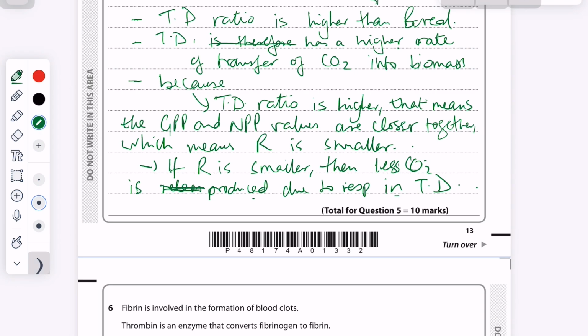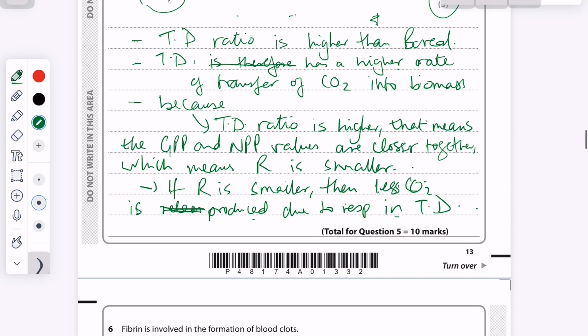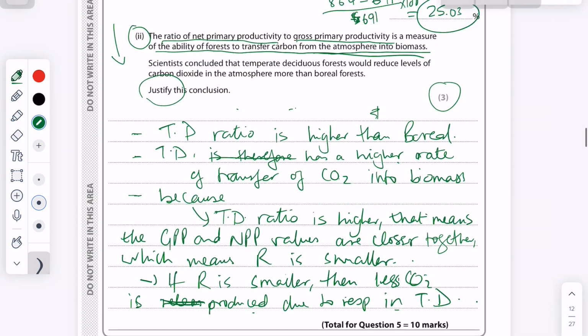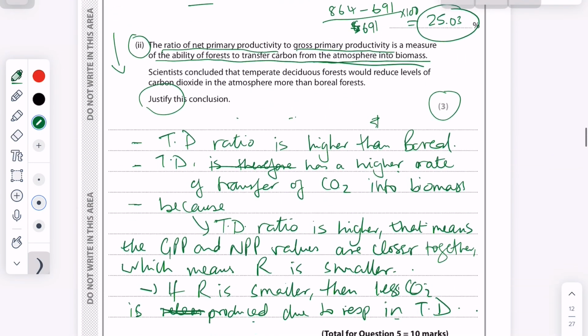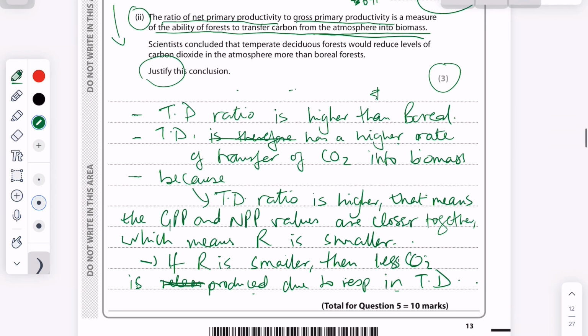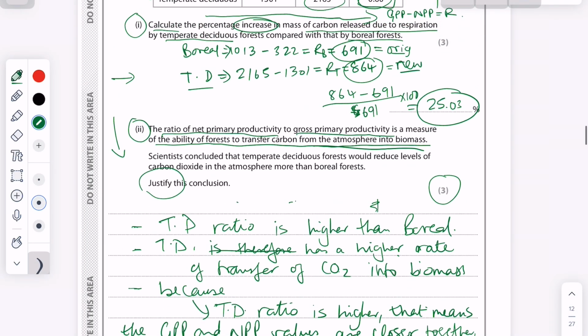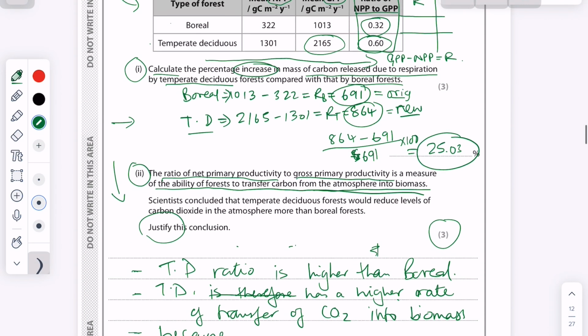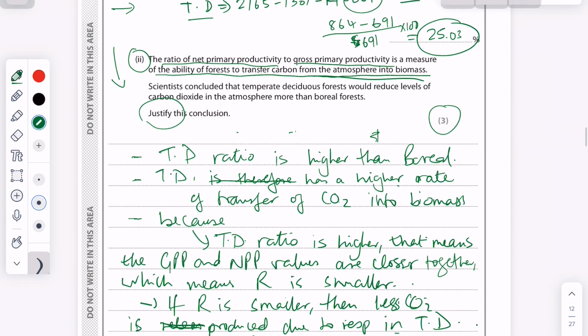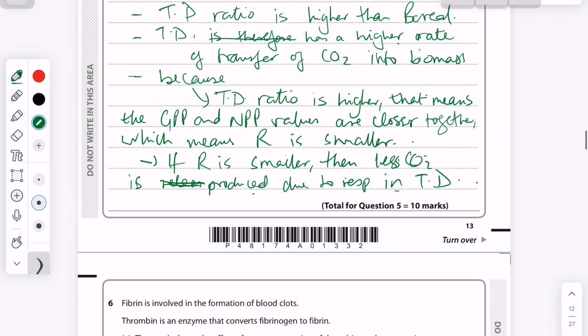Okay, I think I'm happier with that answer than the other one. Justify this conclusion. Okay, all right. I think I'm happy with my answer.